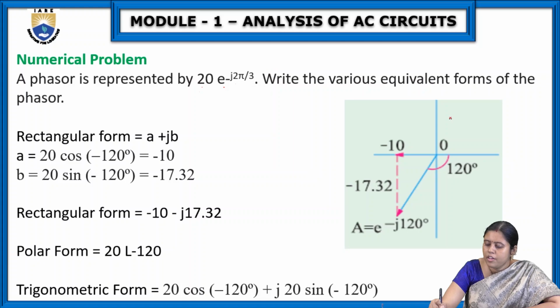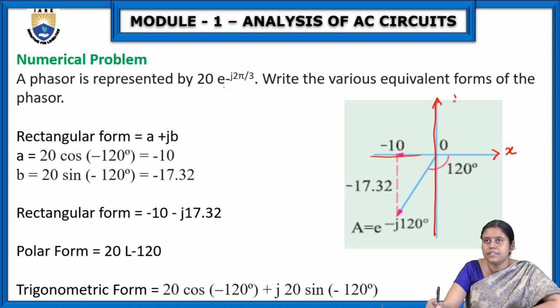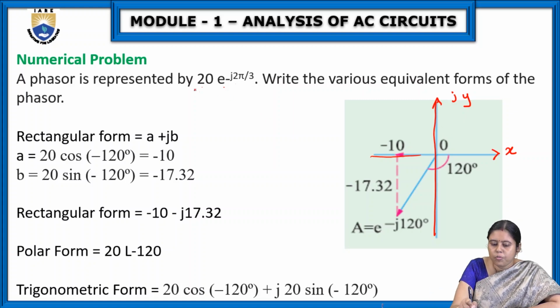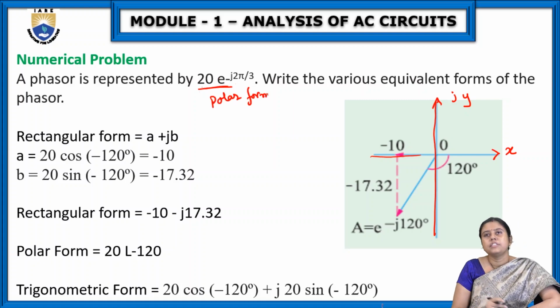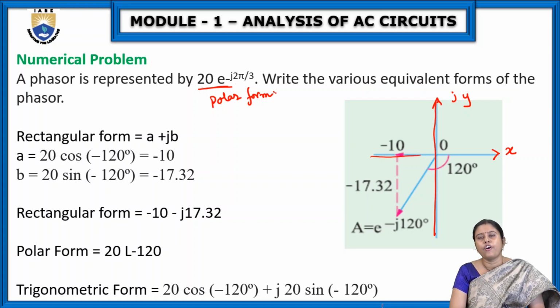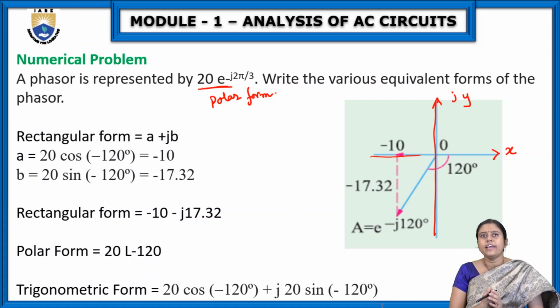Again we will draw it. This is our x, this is our j, y. What is the magnitude? Magnitude is 20. Which form is this? This is the exponential form, not the polar form. The magnitude is given by 20 e to the power j 2 pi by 3.